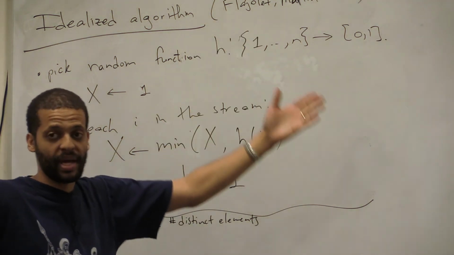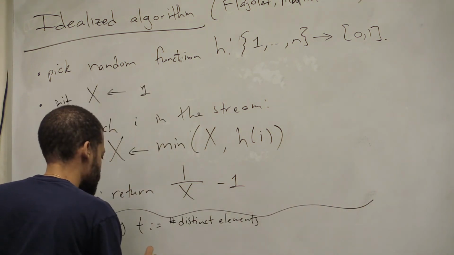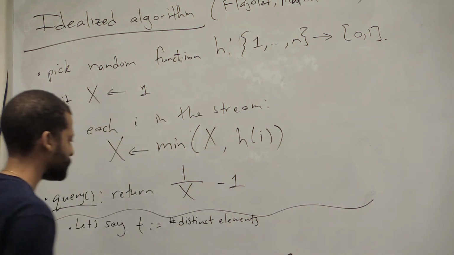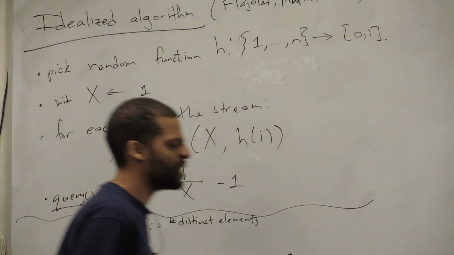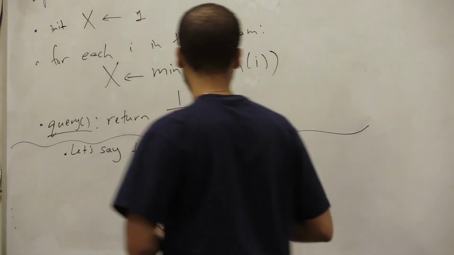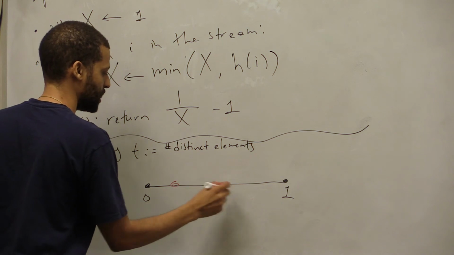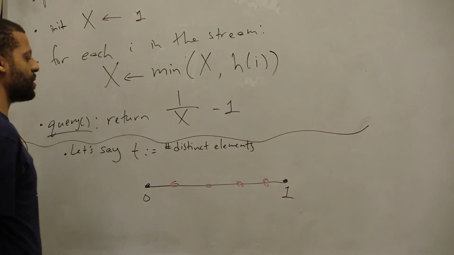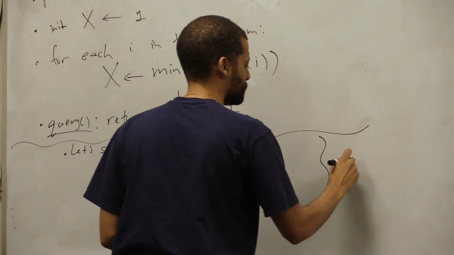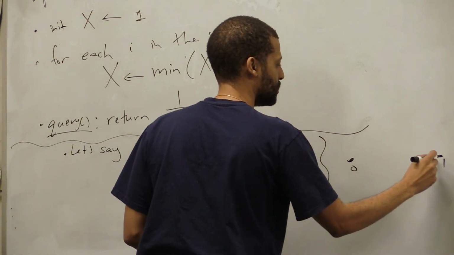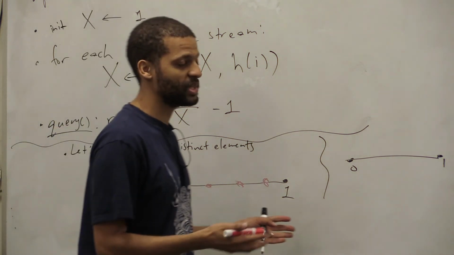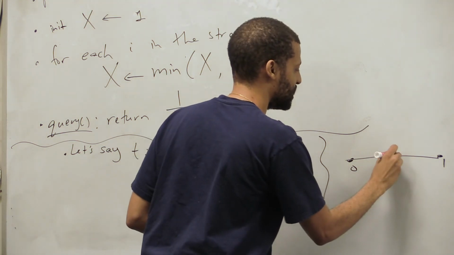Those are just T independent random numbers. So we have this continuous interval from 0 to 1, and T independent random numbers being dropped onto it. Imagine that T is 1. Where would you expect a random number between 0 and 1 to be? In the middle.